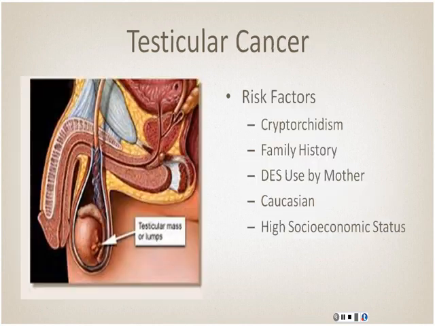So testicular cancer, this is the most common cause of cancer of men between the ages of 15 and 34 in the United States. The etiology is really unknown. Some of the risk factors include family history, DES use by mother, Caucasian, high socioeconomic status, and cryptorchidism.